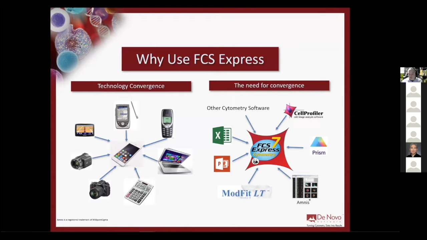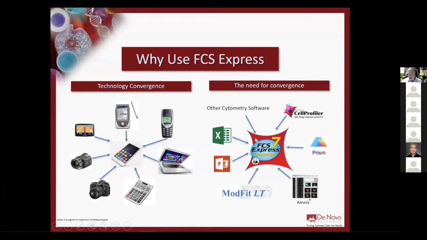That same need is also seen in cytometry these days, where you might be using other tools like Diva or FlowJo, and then you have to take that data out to Excel, to Prism via copy and pasting, and export to PowerPoint and Photoshop. What we do in FCS Express is bring all of those tools together in the same place, so you don't have this need for convergence because it's already here within one software package.